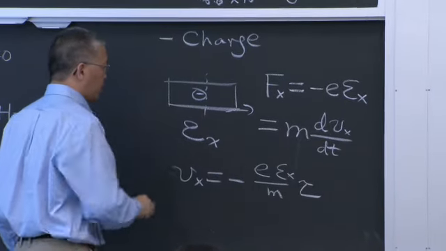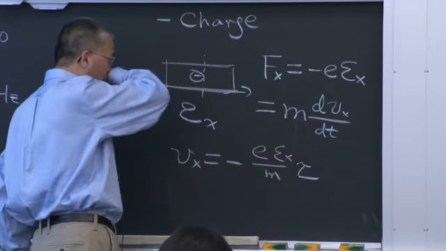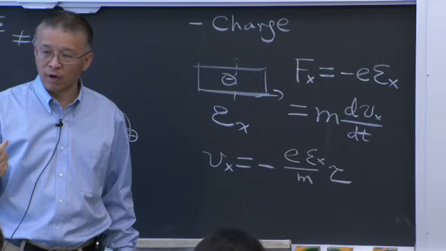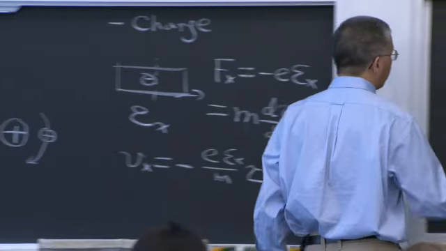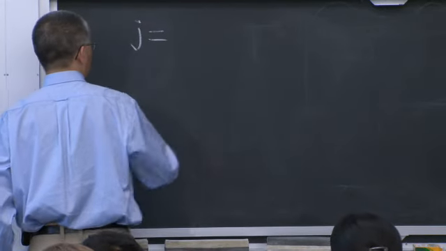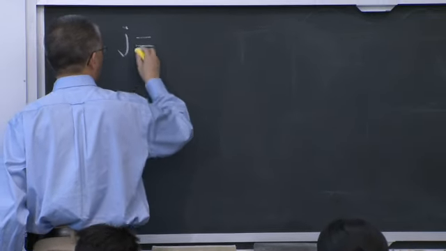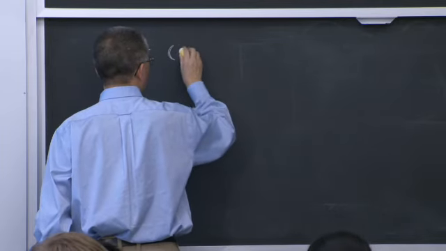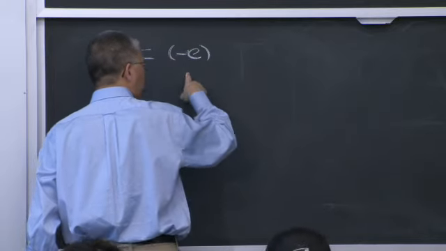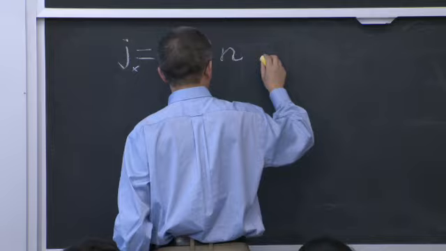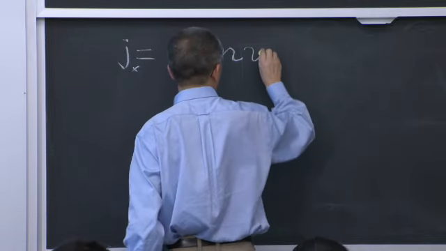Because Vx is the average velocity, if I know the charge density per unit volume, then I write my Jx equals the charge in Coulomb times n times Vx.